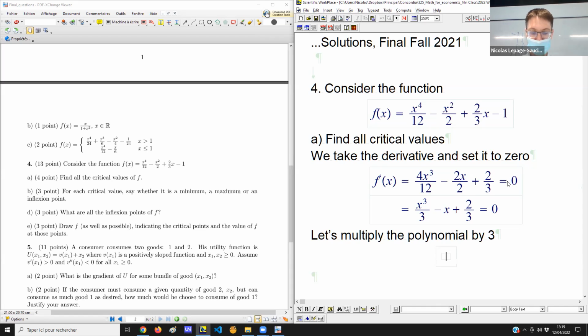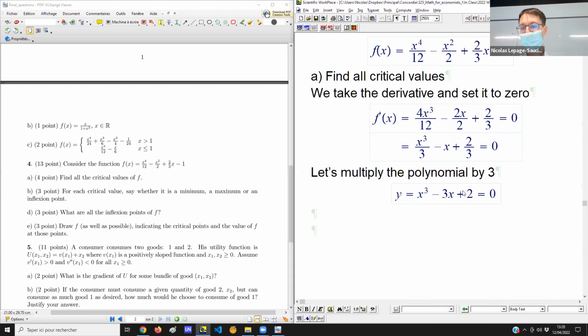I would have y equals this, but multiplied by 3, x plus 2 equals 0. And if I give you something like this, there's a decent chance that you're able to find the roots with the way we discussed previously. So let's try and find out.